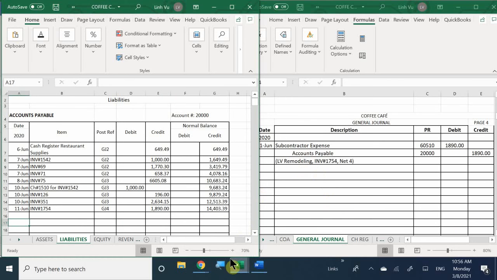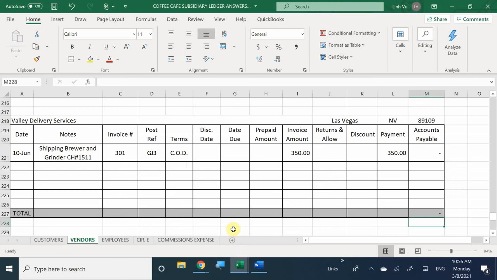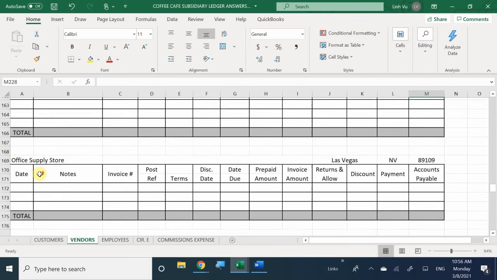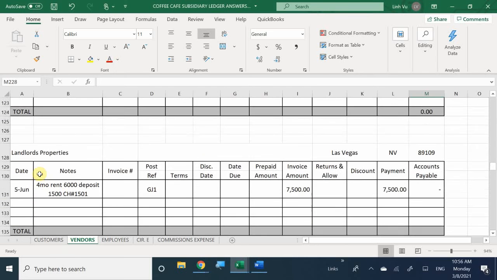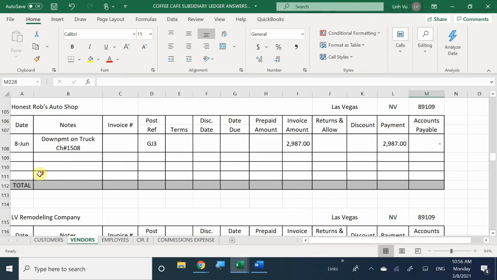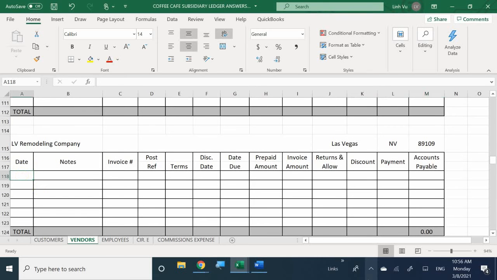All right. Last thing that we got to do now is we got to go ahead and update our LV Remodeling window here. So let's go to vendors and look up LV Remodeling. LV Remodeling Company. Here we are.